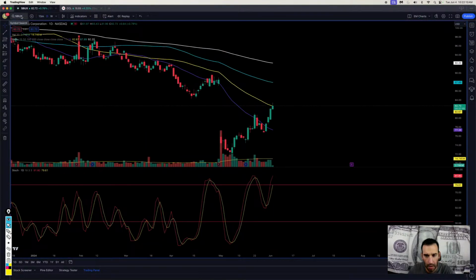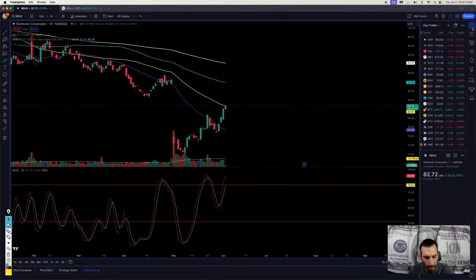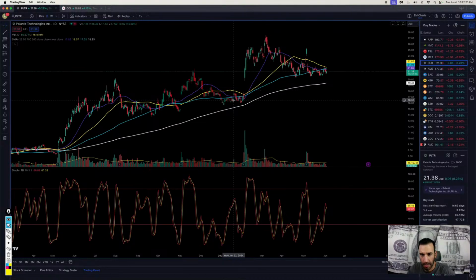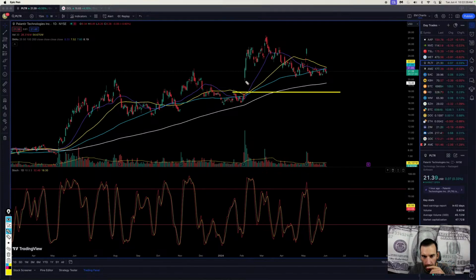Let's see. What about Palantir? So I've been saying for quite some time that Palantir will fall to this number. And it will. It's just going to be a matter of when it breaks here.